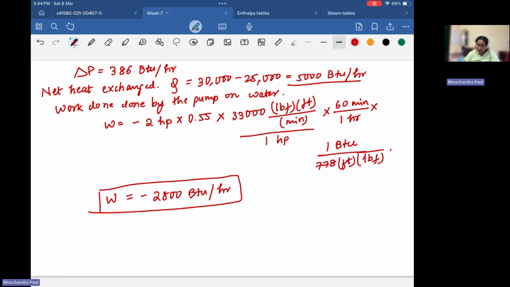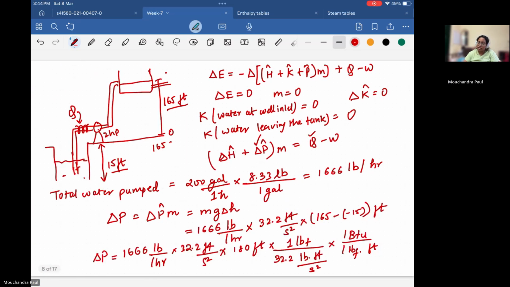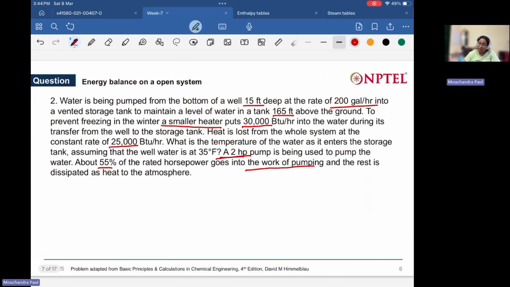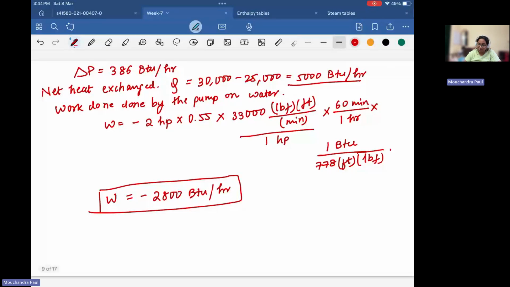So we have to just simply add these values, okay, and we will get the enthalpy. But that is not the end. We have to calculate the temperature of the water that gets changed when this heat is added. So from the enthalpy, we'll be able to calculate the temperature, right? So first let's calculate the enthalpy value.